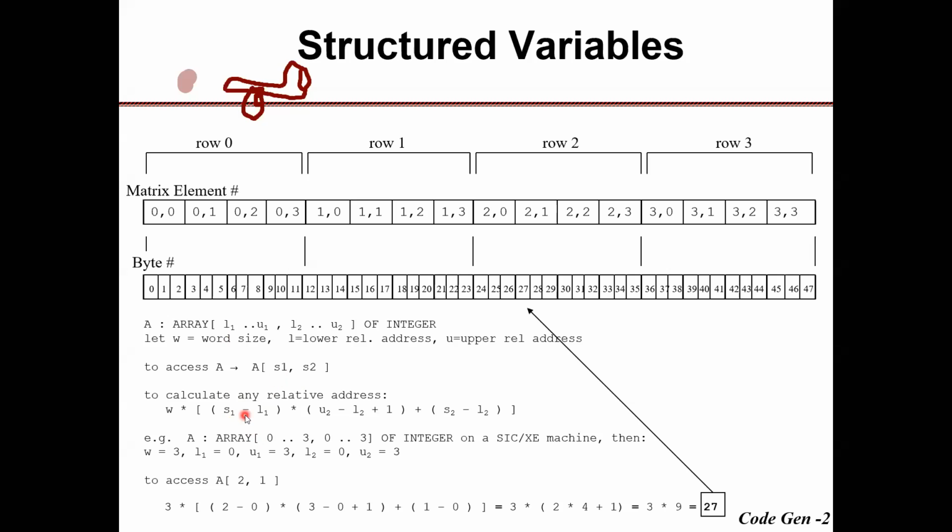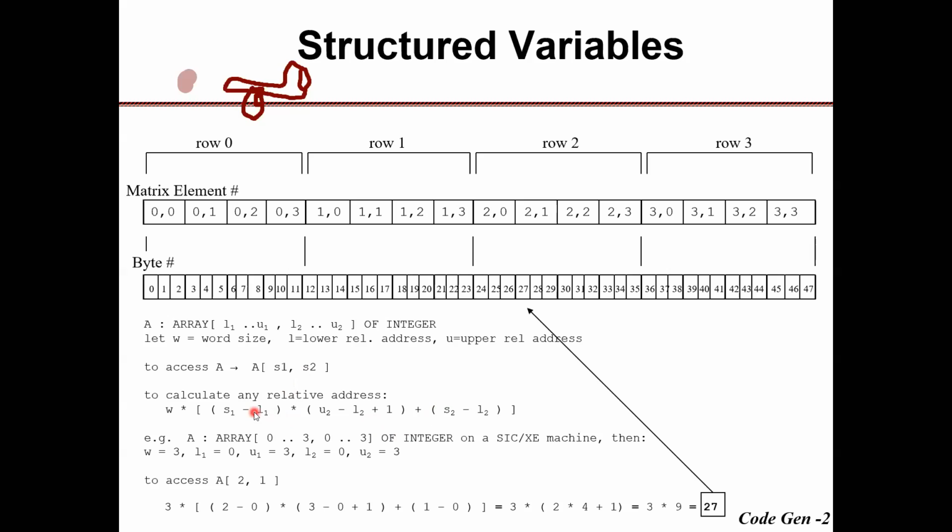So we're going to take that and we're going to take whatever row we want to jump into, and we're going to multiply the rest of this times that. So what we're saying here is that this term is going to jump over rows. So if this was 0, if we said S1 was 2 and S2 was 0, then we have nothing here. All this would come to 0.